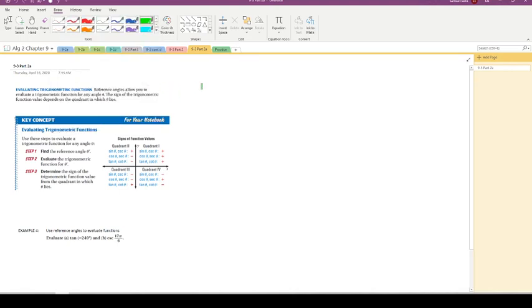Let's use green. First of all, evaluating trig functions: reference angles allow you to evaluate them. So when you find trig functions, you need the reference angle for any angle theta. The sign of the trigonometric function depends on the quadrant in which theta lies, and that's why you have this.